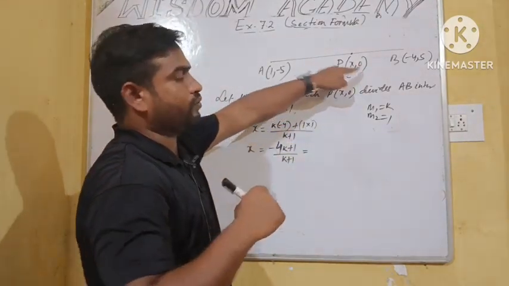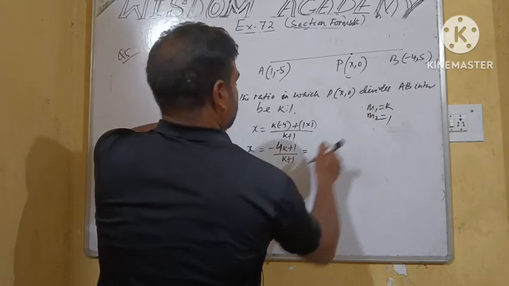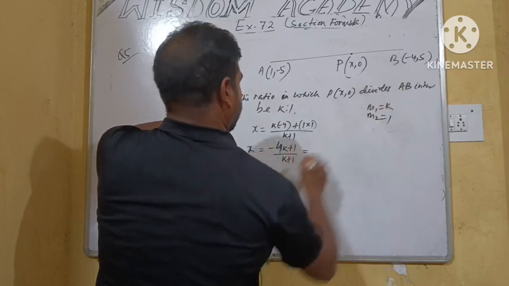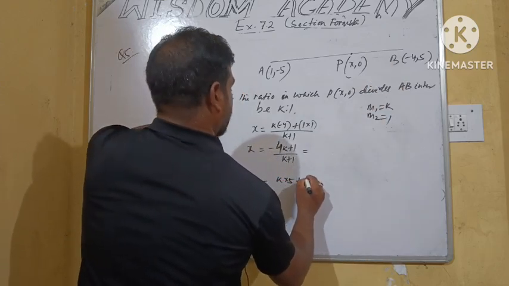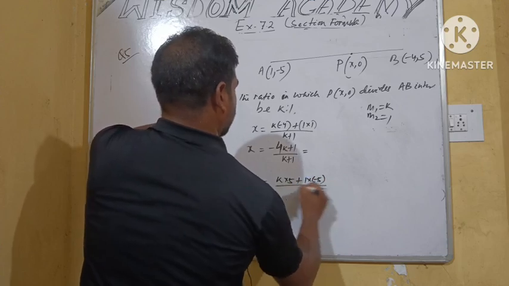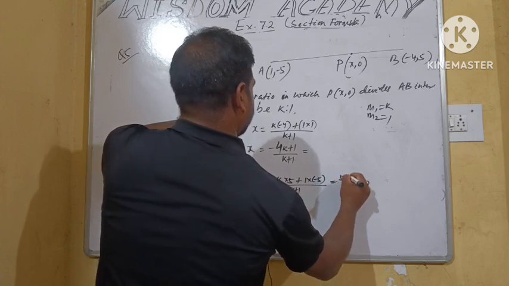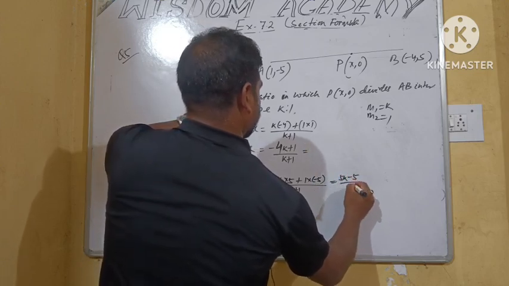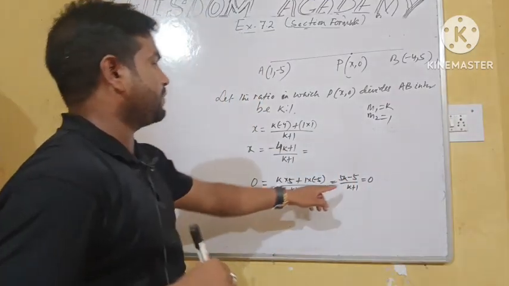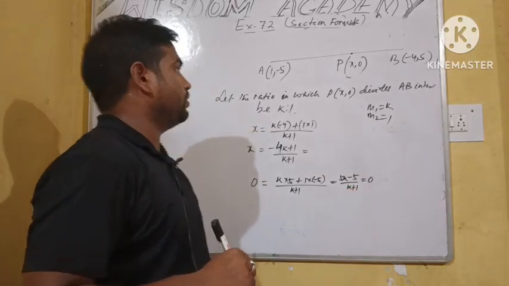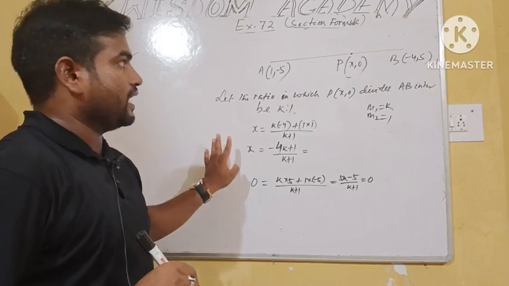Then 0 is equal to m1 into y2, k into 5 plus 1 into -5 by k plus 1. So (5k minus 5) by (k plus 1) equals 0. And (-4k plus 1) by (k plus 1) equals x.